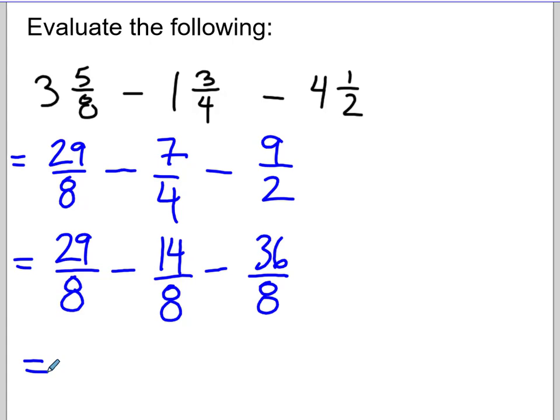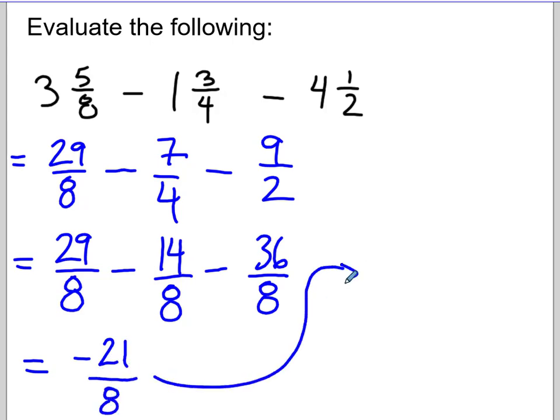So 29 minus 14 minus 36. So I have a negative 21 on top and an 8 below. And if I wanted to reduce that, I could say that's negative 2 and 5 eighths. Okay, so even though we suggest you try doing these problems without a calculator, sometimes when you know when to use it, it can just be speedier.